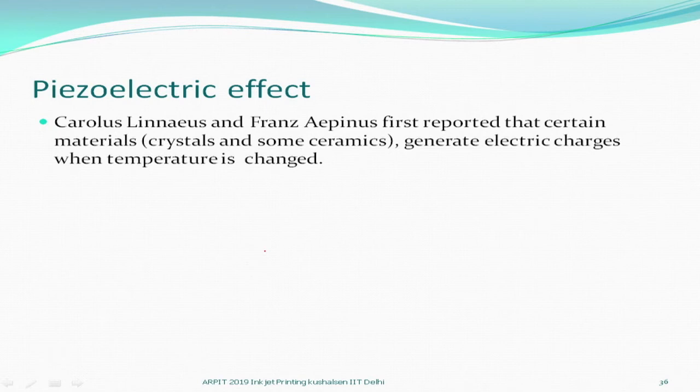So, historically Carolus and Franz reported that some electrical charges could be generated when the temperature of certain types of crystals and ceramics would change. That is one, that you change the temperature, and there is some electricity getting generated.